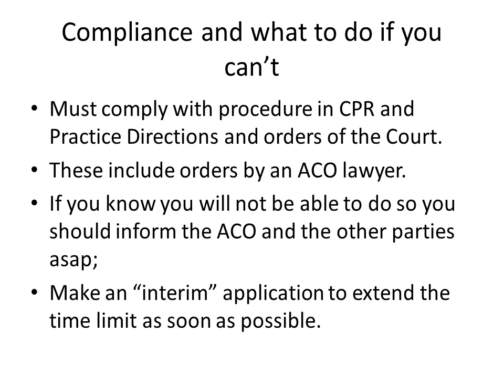But if you know that you're not going to be able to comply with a requirement of the procedure, you should inform the administrative court office and the other parties as soon as possible. And you should make an interim application to extend the time limit for doing whatever it is you're not going to be able to do within the existing time limit as soon as possible.